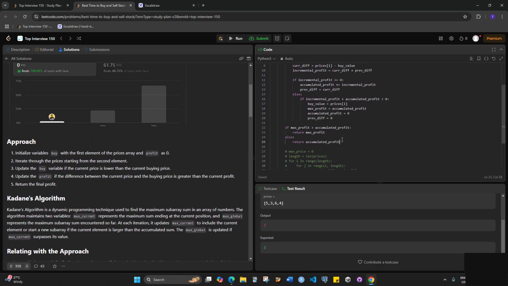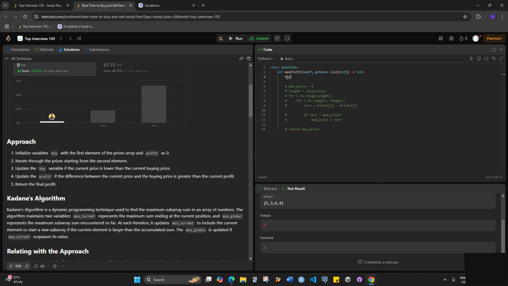Okay, so if I was to try and implement this, buy price is equal to 0, profit equals to 0, for i in range. If nums i is less than buy price, then we do buy price is equal to.